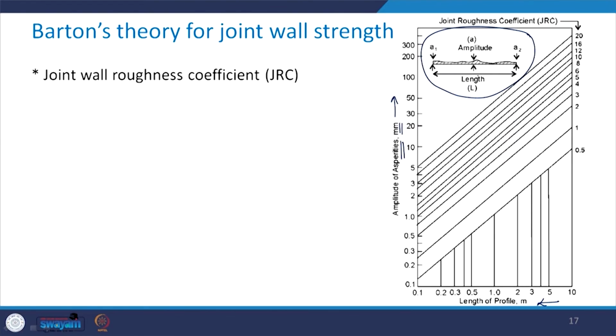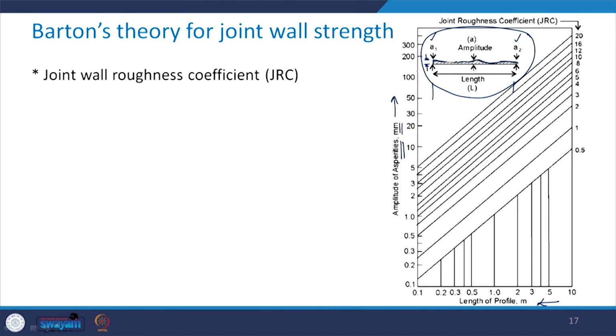This is the length, and over this length, whatever the rock roughness profile, you take its amplitude at various locations, here A1 and A2, and you can find the average amplitude of the asperities along that length.